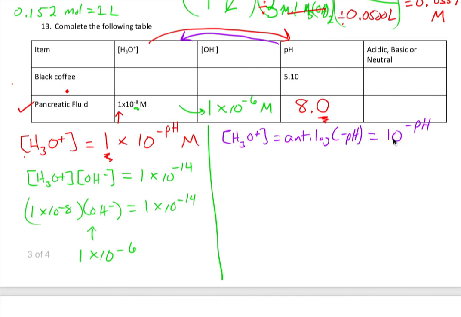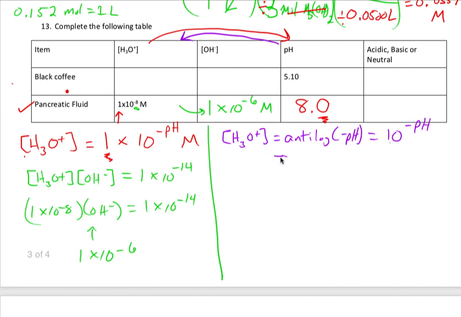If you look at the log button on your calculator, the second function of that button will look something like this. Usually 10 raised to the x is what you'll see. But usually I just plug in 10 and then raise it to the minus pH value.